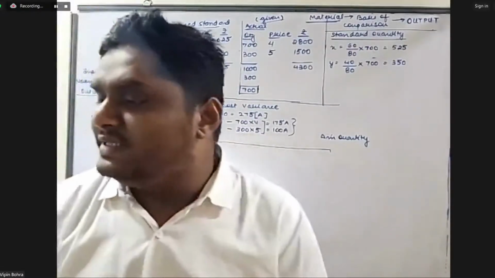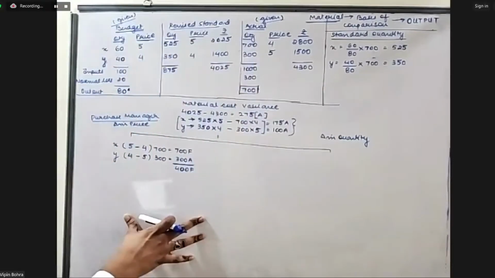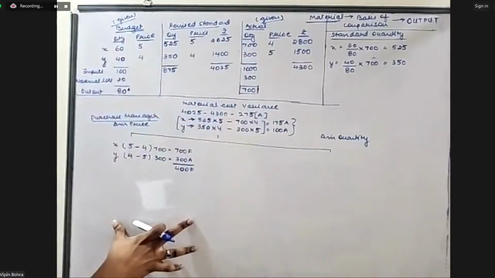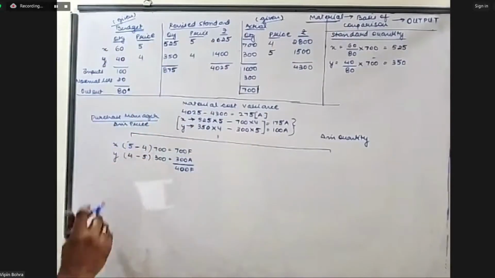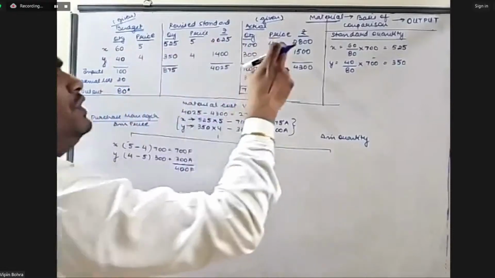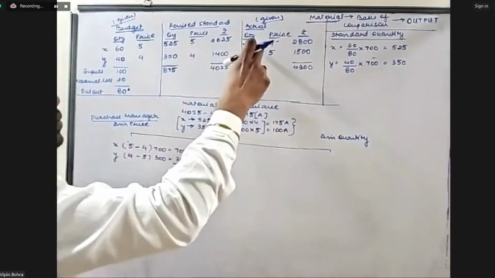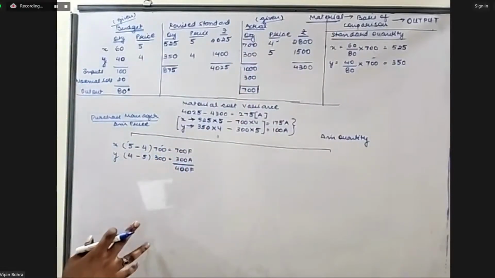Very important, guys. I repeat again the statement of the purchase manager. She says that as per the target set by the company, raw material X was supposed to be purchased at the rate 5. But I actually purchased at a competitive price, that is rupees 4, and the quantity I actually purchased is 700.